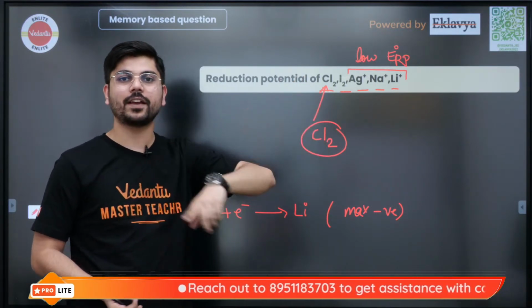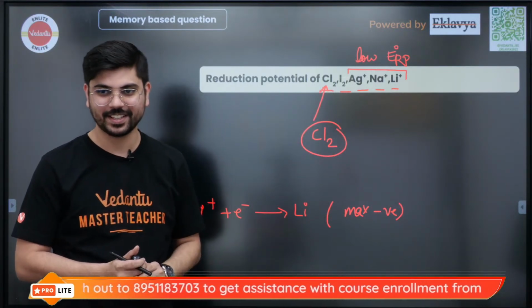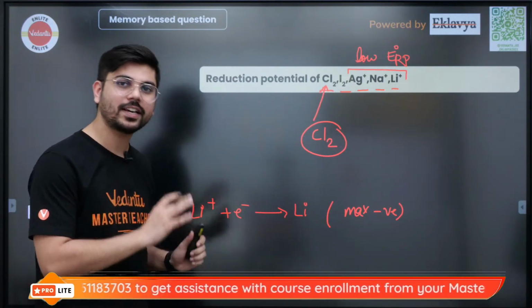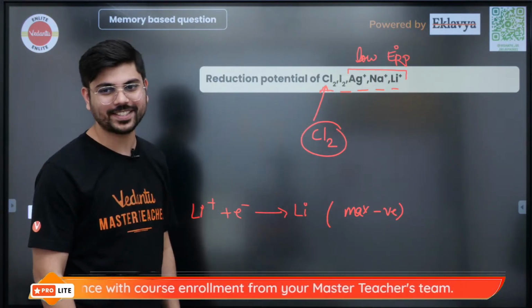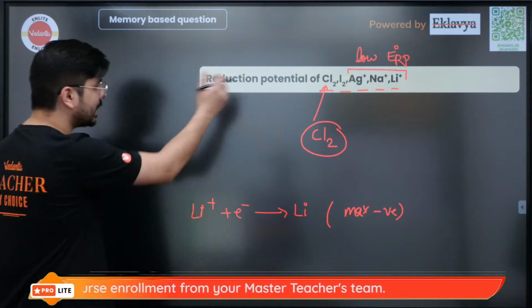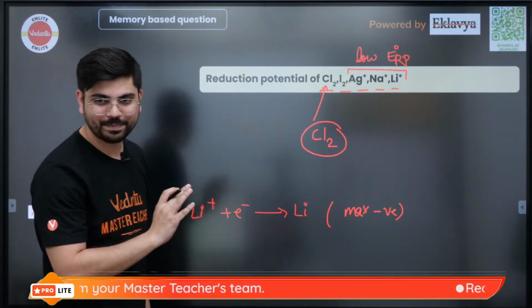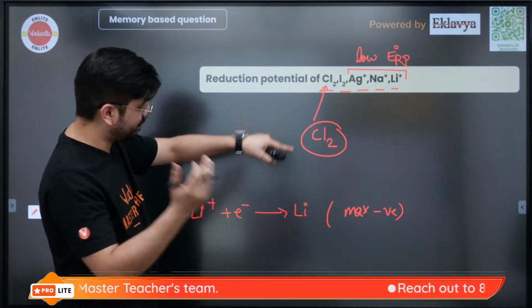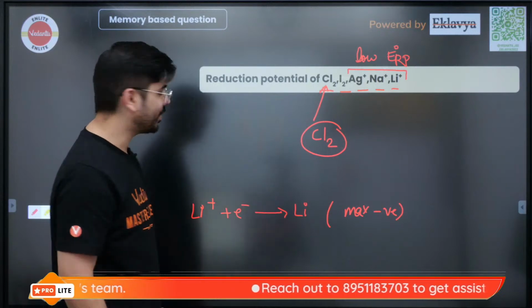That is why it behaves like one of the best oxidizing agents. It was simply based on the reduction potential values of your electrochemical series. Then we would go for I2 and Li plus will be minimum. And after I2 there will be Ag plus, then Na plus, then Li plus, right?